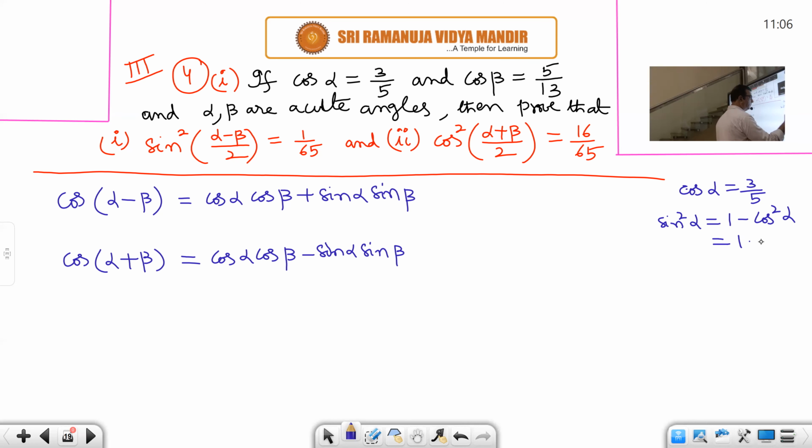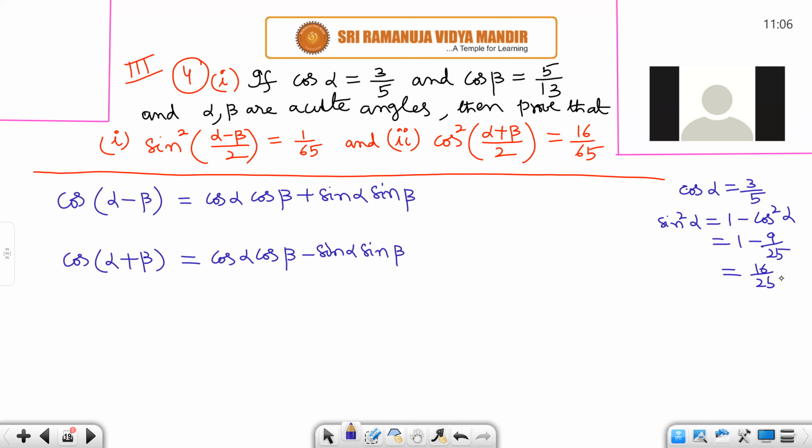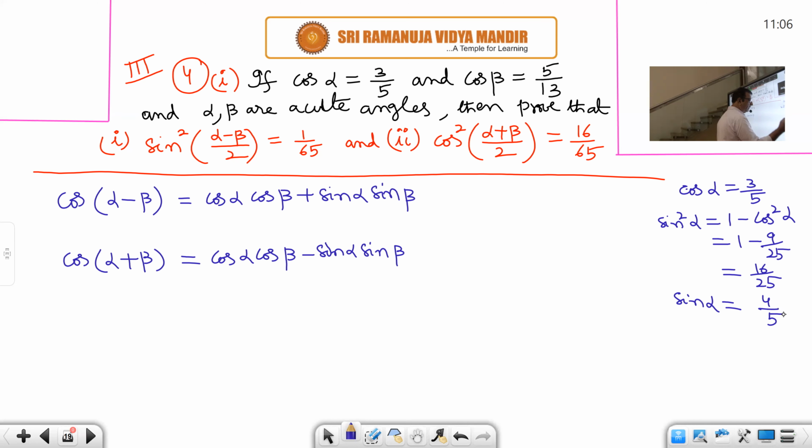So 1 minus cos square alpha, value how much? 1 minus 9 by 25, which is equal to 16 by 25, sir. Now here you get ambiguity actually. Sin alpha is equal to plus or minus 4 by 5, first step. But out of that plus or minus, which is correct? Plus 4 by 5 or minus 4 by 5? Sir, it is plus, sir. Why?